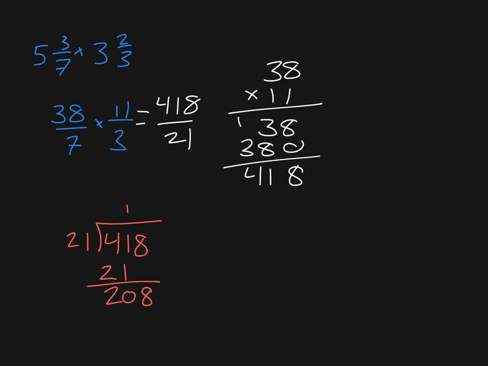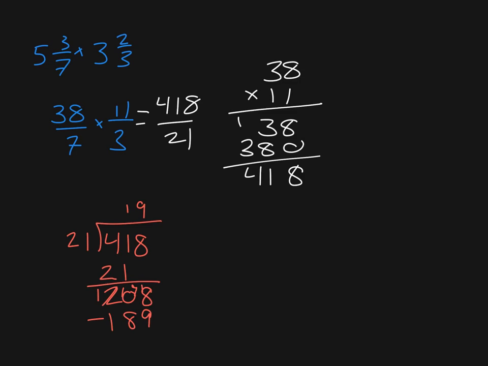And I'm pretty positive that 21 goes into 208 9 times, because 21 times 10 would be 210. I'll put that as 9. 9 times 21 is 189. So we'll subtract that out.